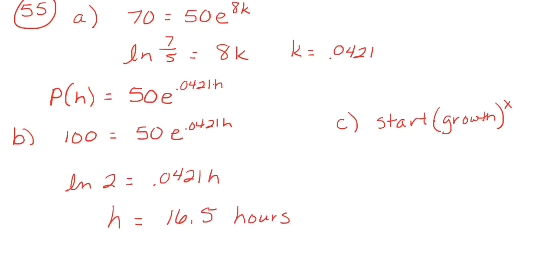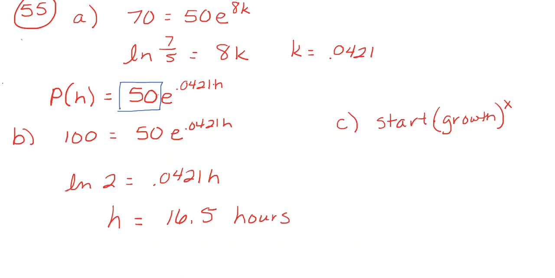Part C in 55 is asking you to tell them the hourly percent increase. Now you may not realize it, but you already have that. Just reviewing that, even though there's an E in it, this formula is still start times growth to the x, where the start is this 50.